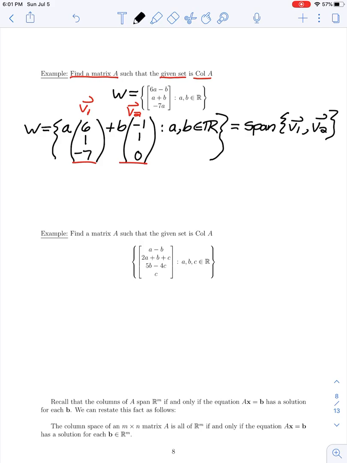So we know that the column space of a matrix is defined as a spanning set for a set of vectors, which are the columns of that matrix. So for the set W, which is the spanning set of v1 and v2, let's take the matrix A to be the matrix which has v1 and v2 as its columns.